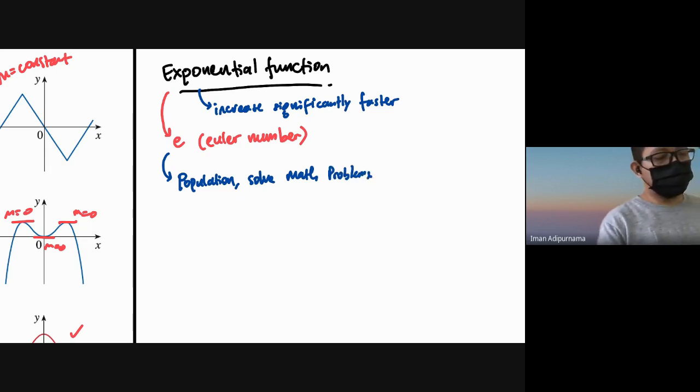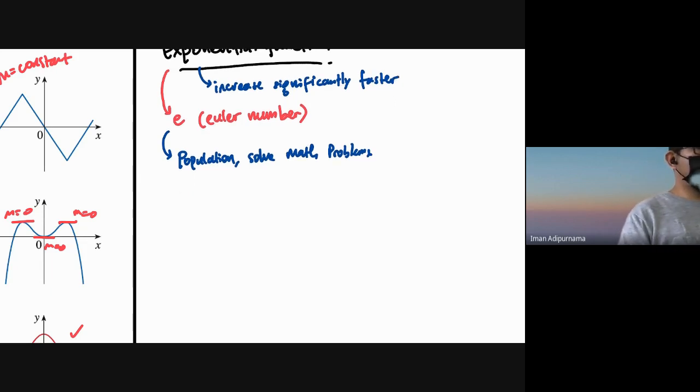If I have time, I will go into more detail about this exponential function. But at least from there, people get to know about E, or the Euler number.